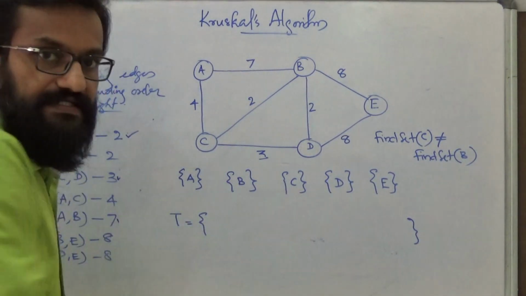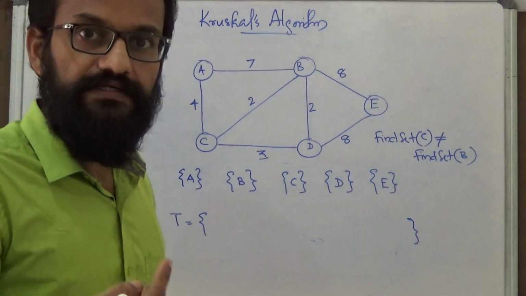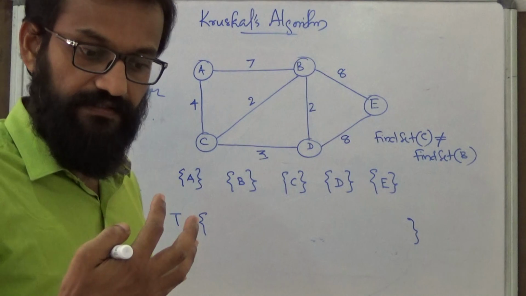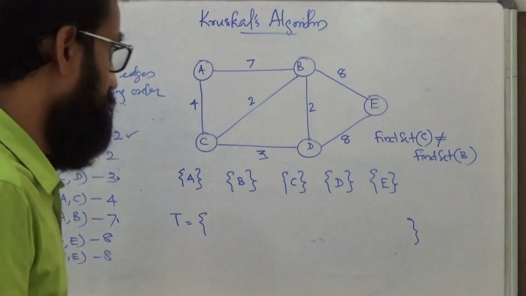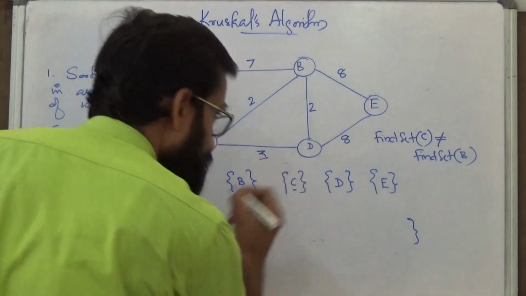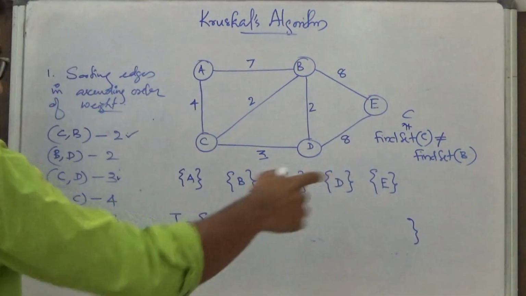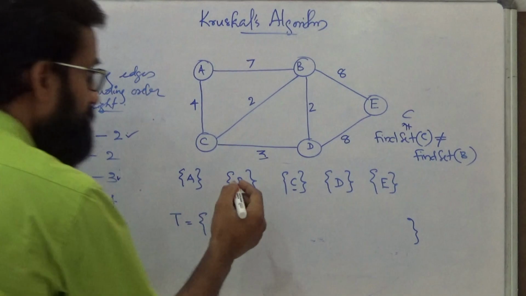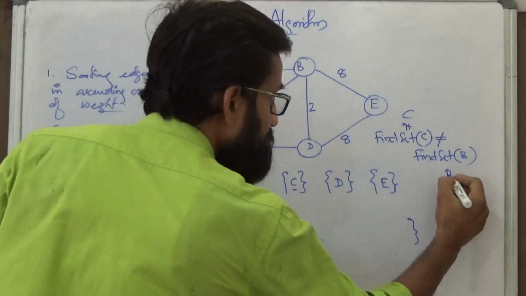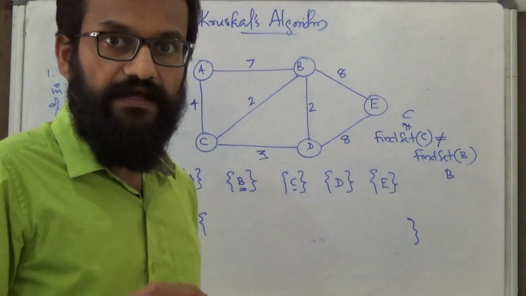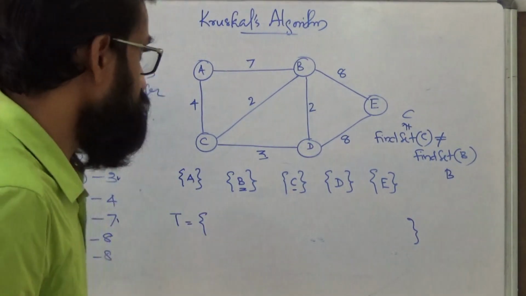So what about find set C? If I execute find set C, it will return the representative of the set containing C. So representative is C itself. So find set C will return C, and if I execute find set B, it will return B itself. So the representative member is the first element in that set.